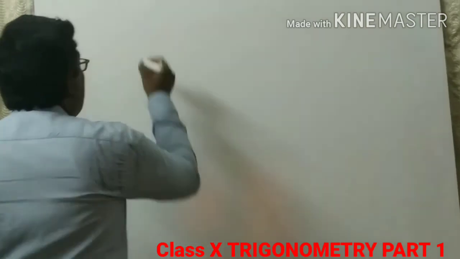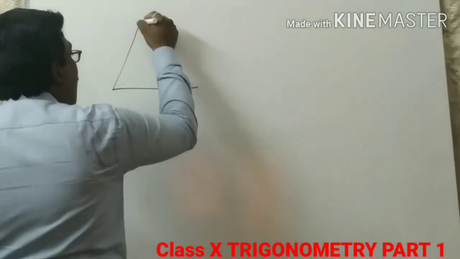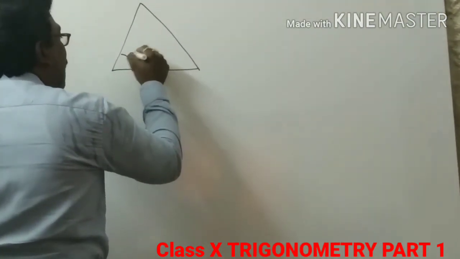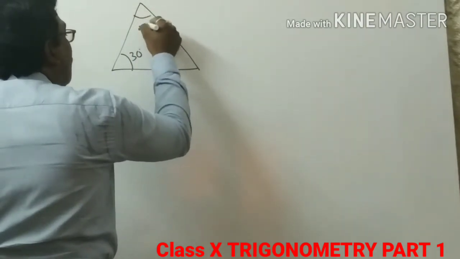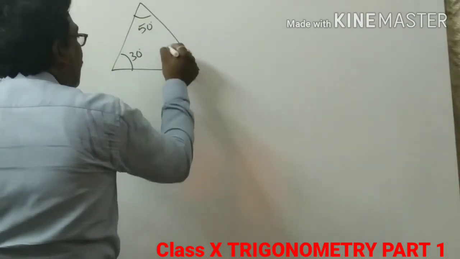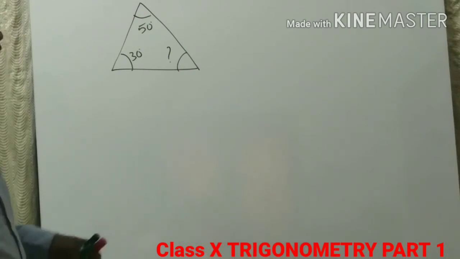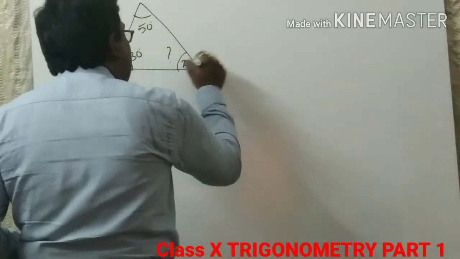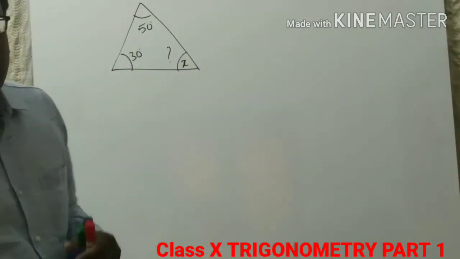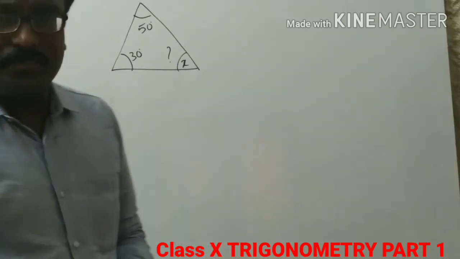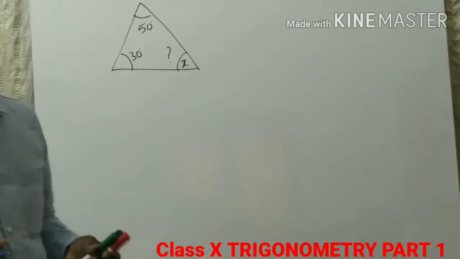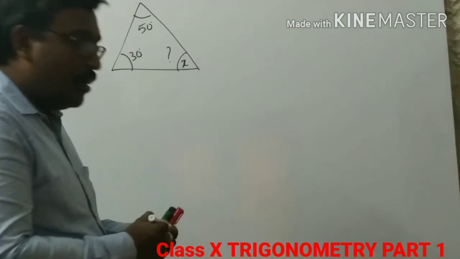Suppose in a triangle, one angle is 30 degrees, one angle is 50 degrees. What is the other angle? Then what you will do? You will consider this angle as x. The sum of 3 angles of a triangle is 180 degrees. So the unknown is found by the geometrical method only.